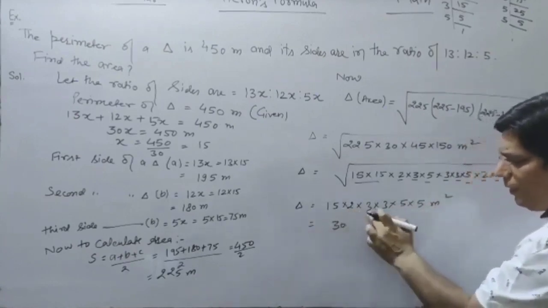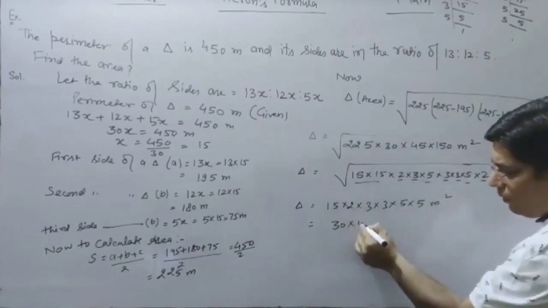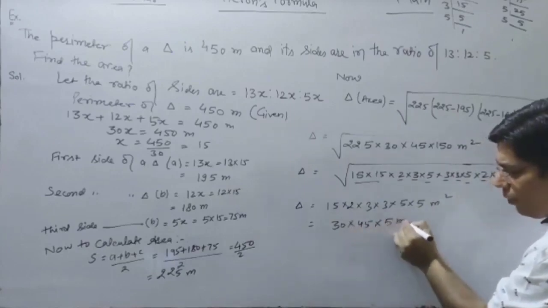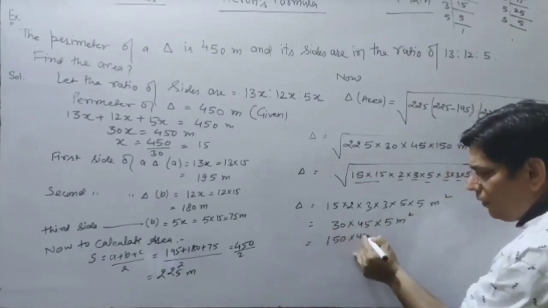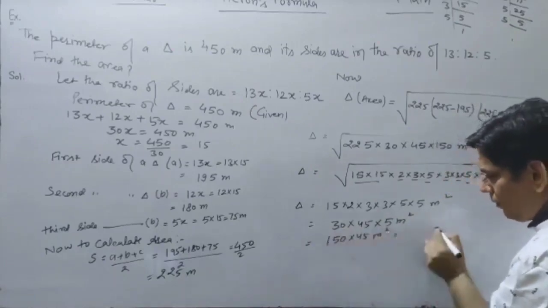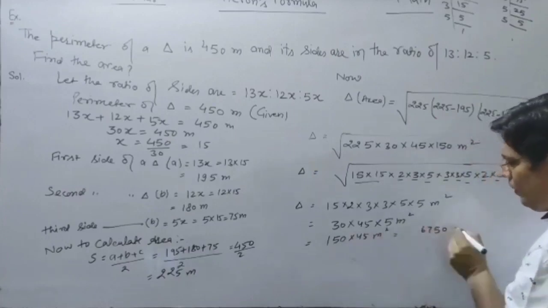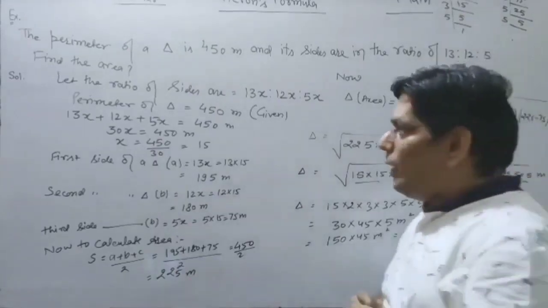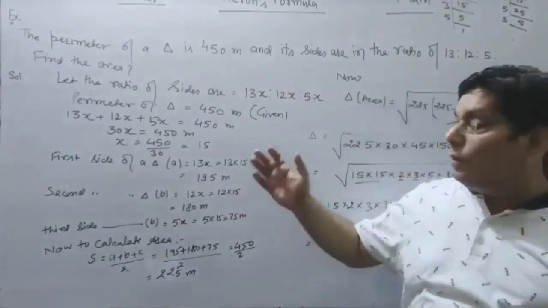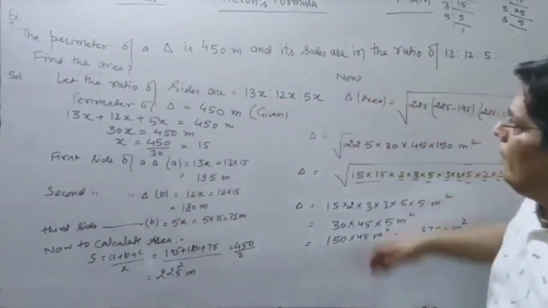So 15 into 30, 9 5s are 45, into 5 meter square, so that will be 150 into 45 meter square. So the answer will be 6,750 meter square.